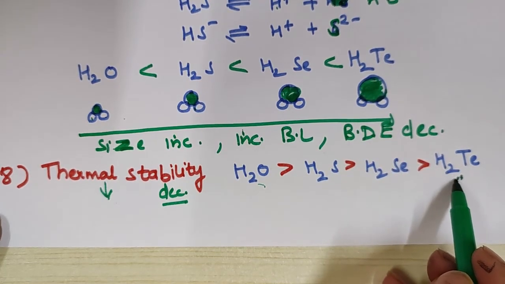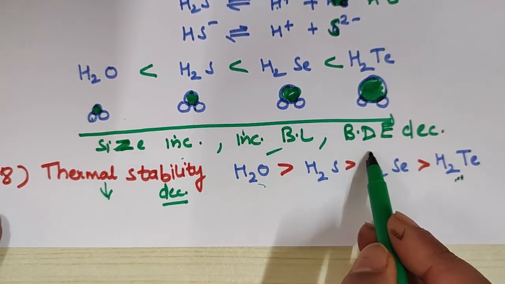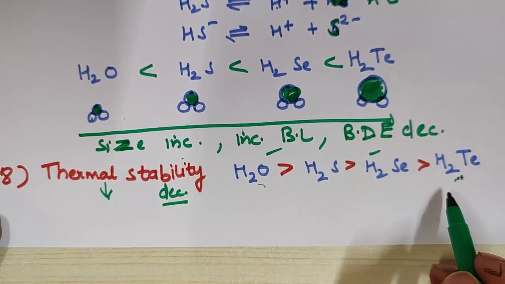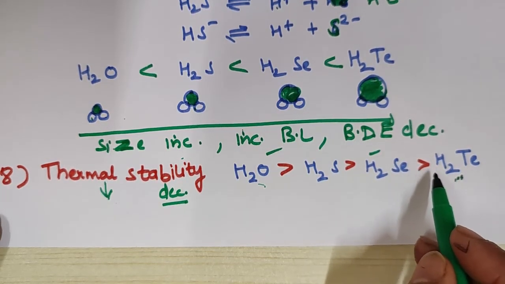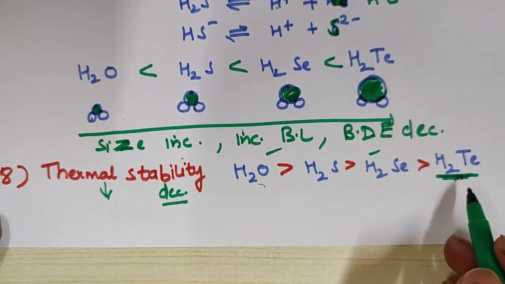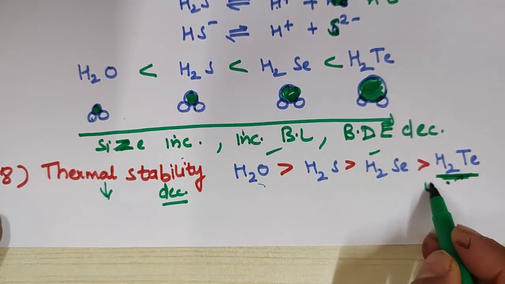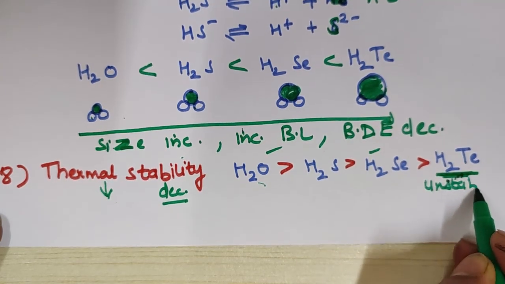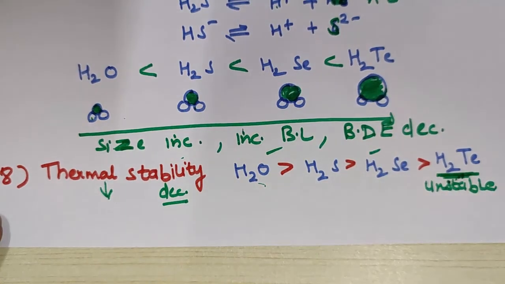Because bond dissociation enthalpy decreases, you can easily break the bond, which means it is unstable. So as we move down the group, the thermal stability decreases.